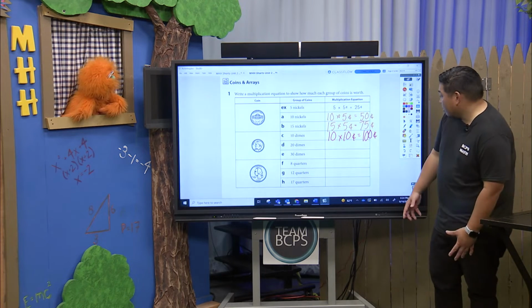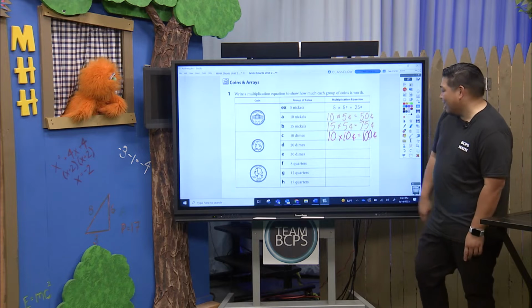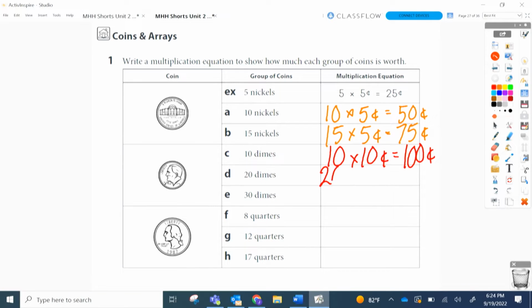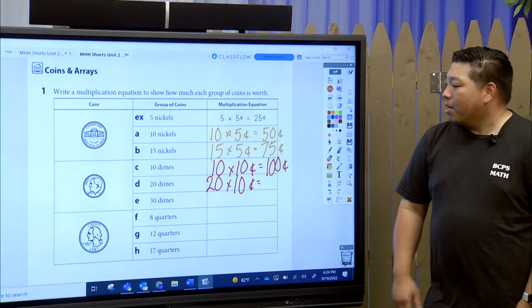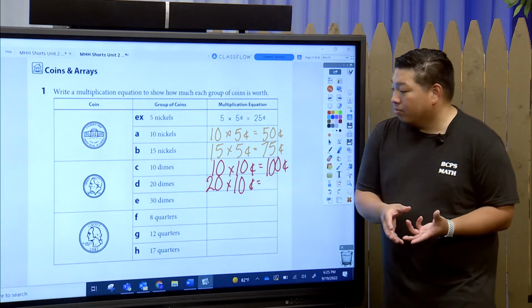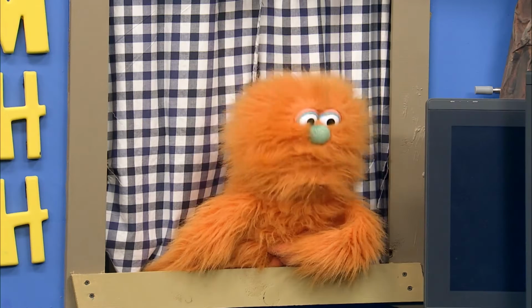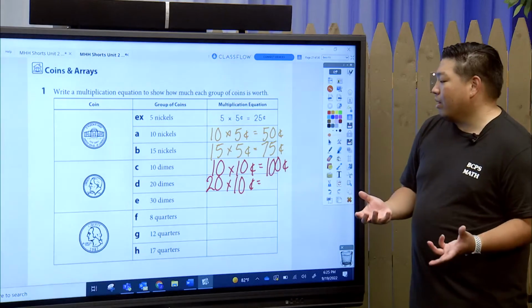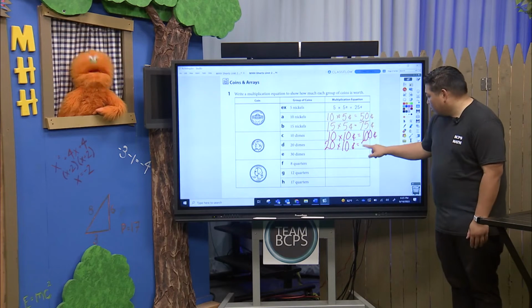Okay, awesome. The next one is 20 dimes. So same thing, we're going to write an equation, 20 times 10. And just like we were saying with the last couple of questions, if you know that 10 is 100 and you have double that, or 2 groups of that, how much money are we going to have? We're talking 200 cents.